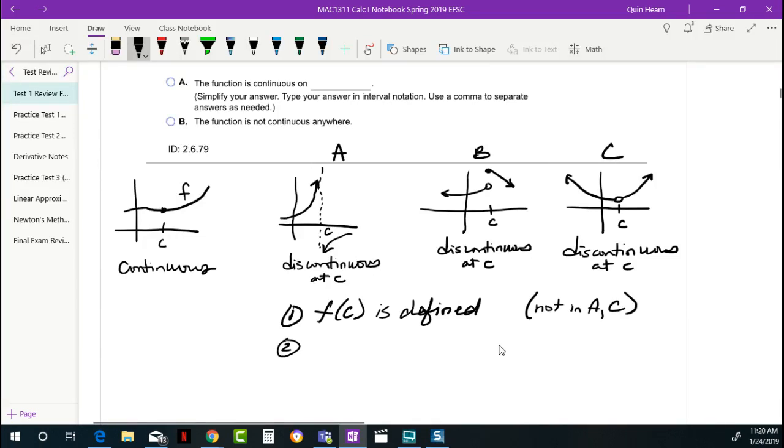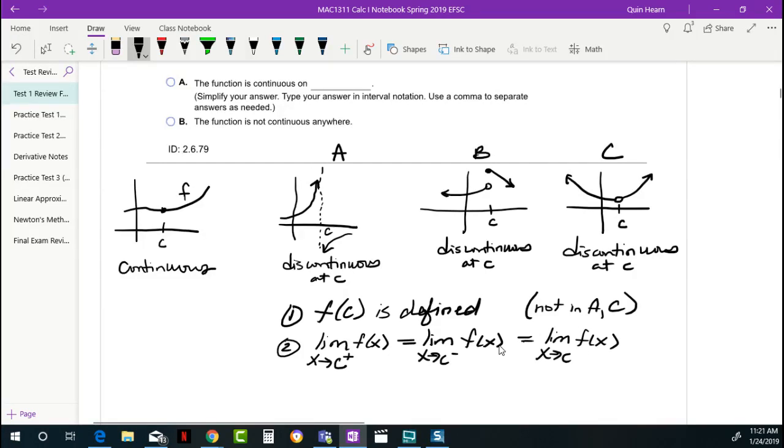Number two, the limit has to exist. Another way of saying it is the limit as x approaches c from the right of f of x has to equal the limit as x approaches c from the left of f of x, which is equal to the overall limit.